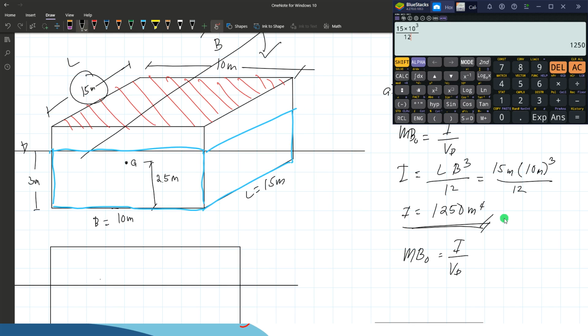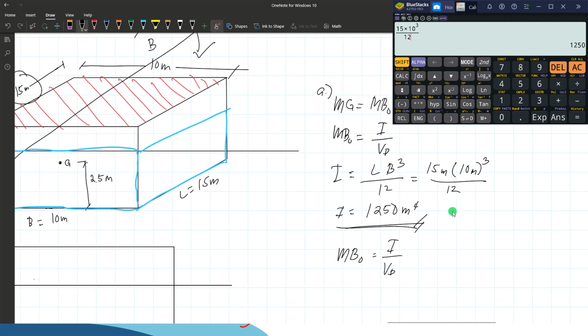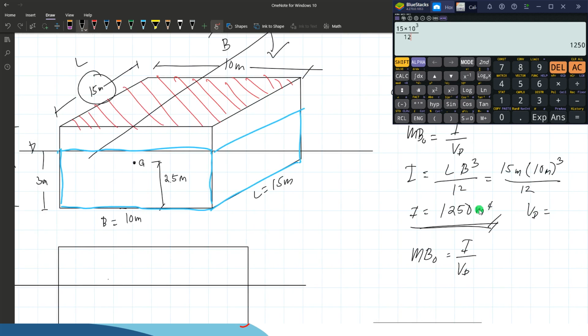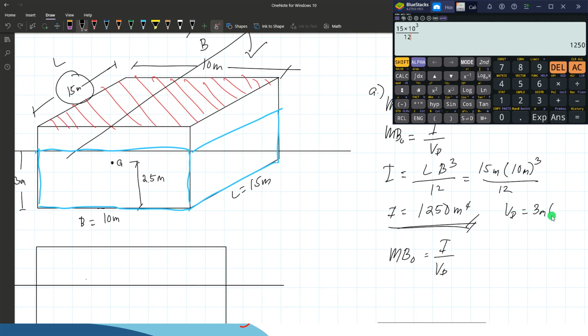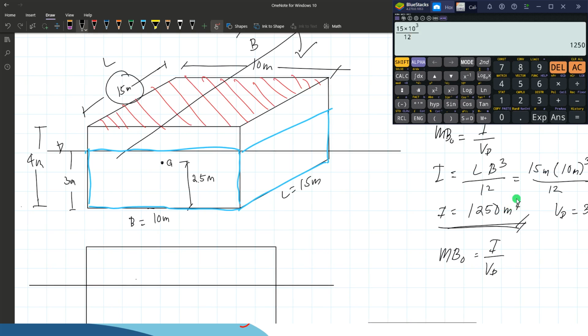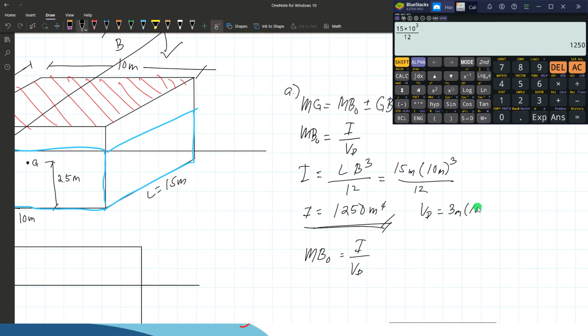The volume displaced is just 3 meters by 10 by 15, which is 450 cubic meters.